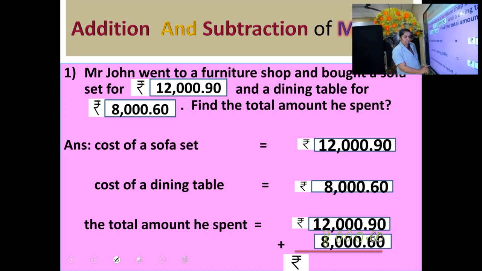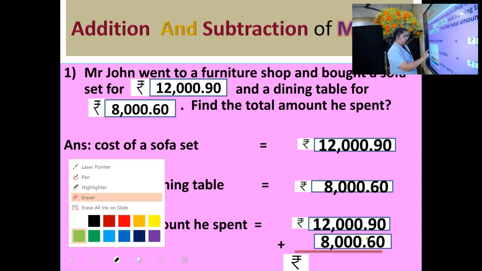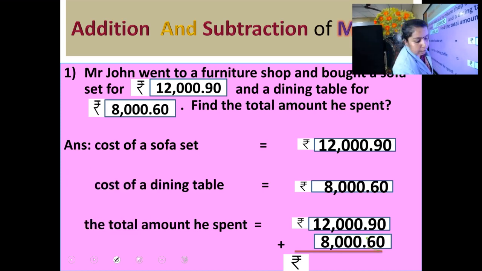So you are getting there rupees 8,000.60. So now you have to add it. 0 plus 0, 0. 0 plus 0, 0. Then 9 plus 6, yes, 15.